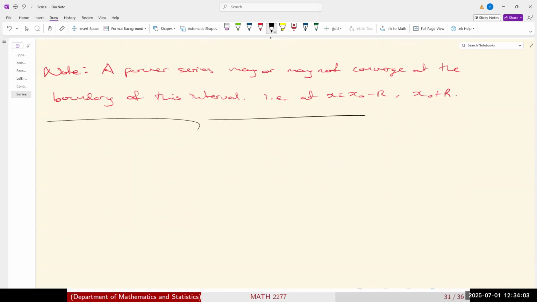So this one, summation n goes from 0 to infinity, x to the n over n factorial, right? So let's write out a few terms. When n is 0, I get x to the power of 0 over 0 factorial plus x to the power of 1 over 1 factorial plus x to the power of 2 over 2 factorial.